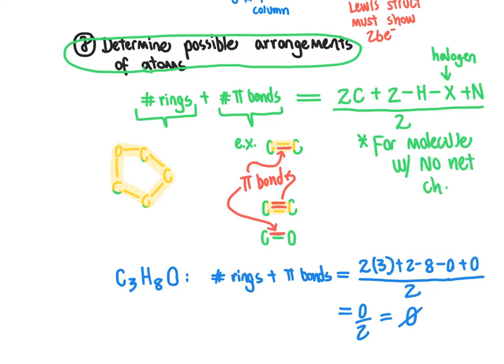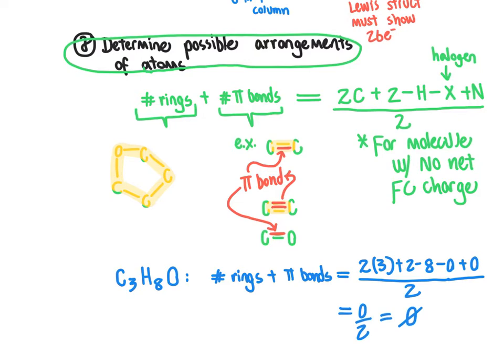It's going to work only for molecules with no net formal charge, which is definitely the situation here for C3H8O. We already established that it was a neutral uncharged molecule. So this C3H8O is going to have no rings or pi bonds. So any correct structure that we draw for this absolutely cannot have any rings, cannot have any pi bonds. So it's going to help us narrow down possible structures that are reasonable for this.